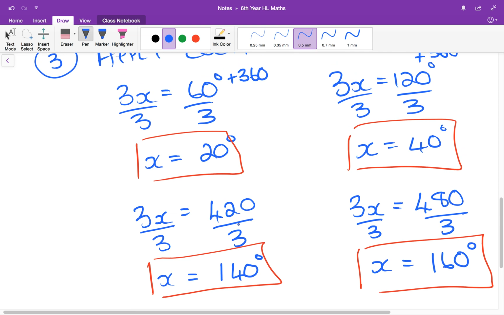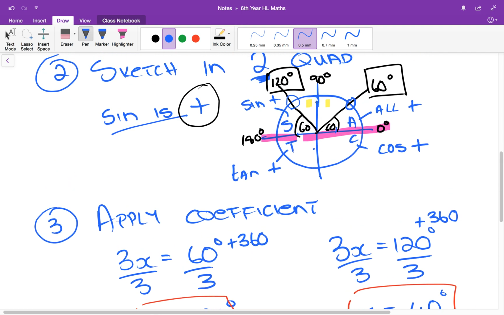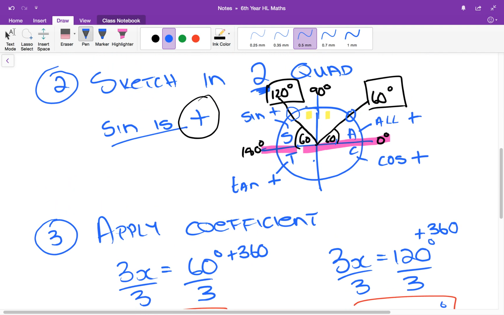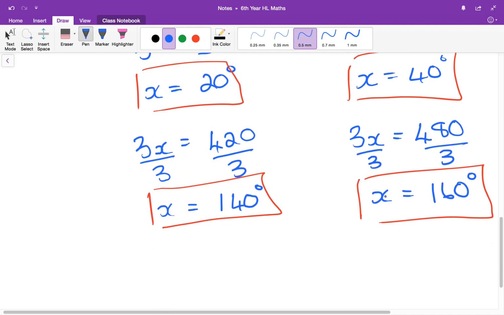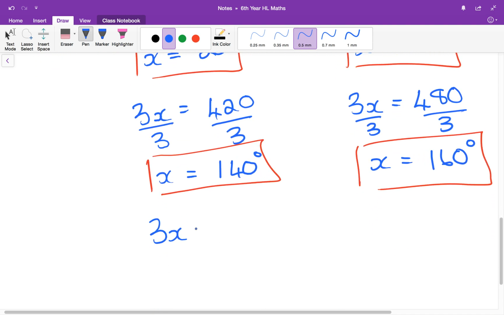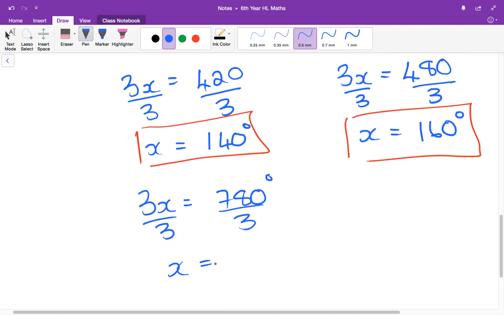So to keep going, we did the 60 plus 1 full revolution. Now we need to do the 60 with 2 revolutions on it. So it's 720 and 60, which is 780. So 3x equals 780, and again divide by 3, so x is 260, which is fine.